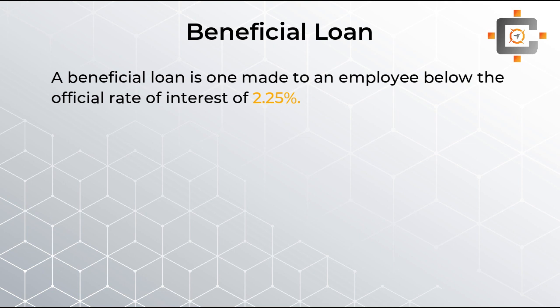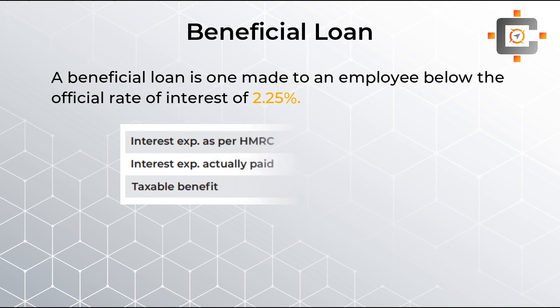Over here HMRC is saying that the standard interest rate in the UK is 2.25%. If you are getting the loan at a lesser percentage, like 1% or 2% or 1.5%, then that can create a taxable benefit. The taxable benefit in this case is very simple: interest expense as per HMRC, less interest expense actually paid.